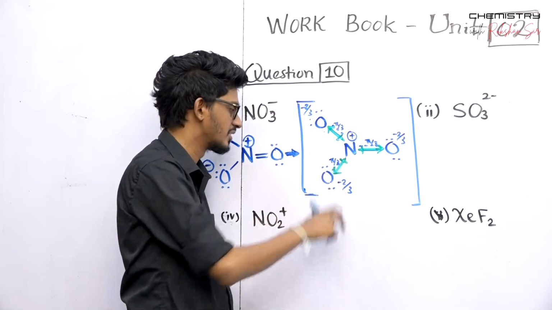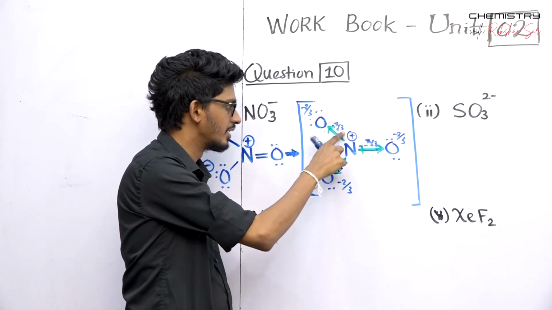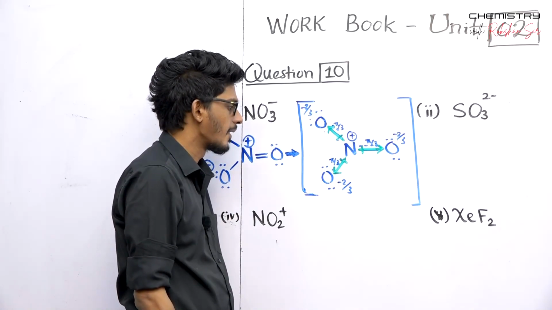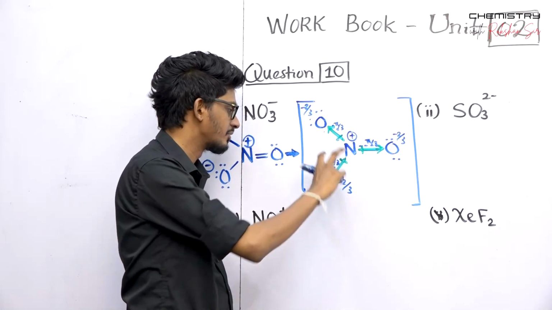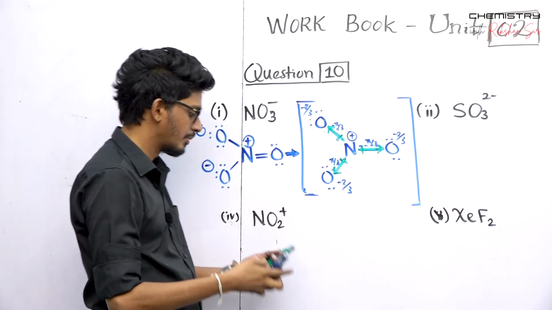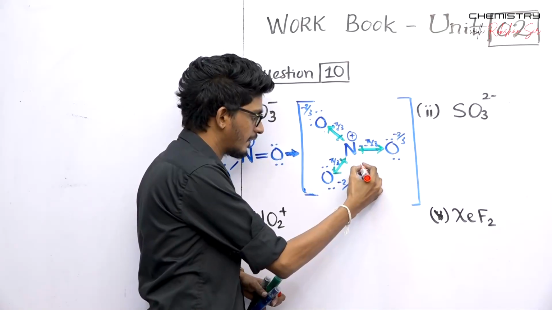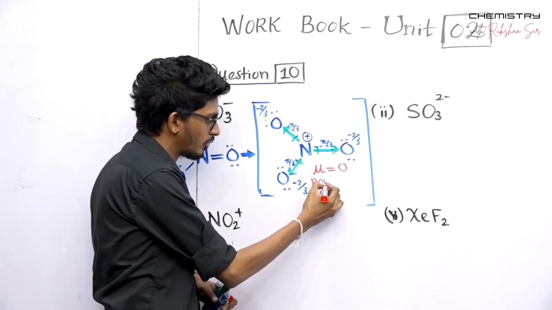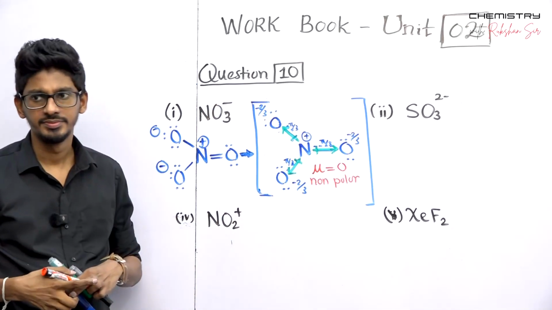This is referred to as a perfect shape, where your central atom is without lone pairs, and all the connected atoms are the same. Such a situation is referred to as a perfect shape. So with perfect shapes, your net dipole moment is 0. That means it's a non-polar species. Right now?